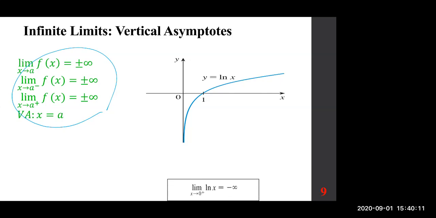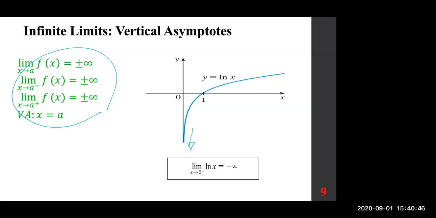Notice the limit of ln x as x approaches 0 from the right is negative infinity. I hope you understand what that means, because it is extremely important that we be comfortable with graphs. Take a look at the graphs, take a look at your vertical asymptote. As x approaches 0 from the left, that one is undefined. We don't have a natural log there, but only from the right, and it approaches negative infinity. I hope you see that. It goes towards negative infinity.